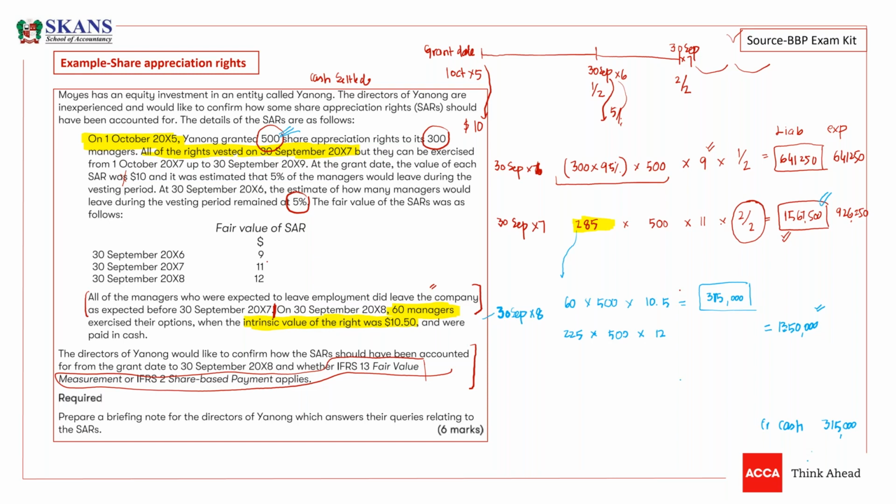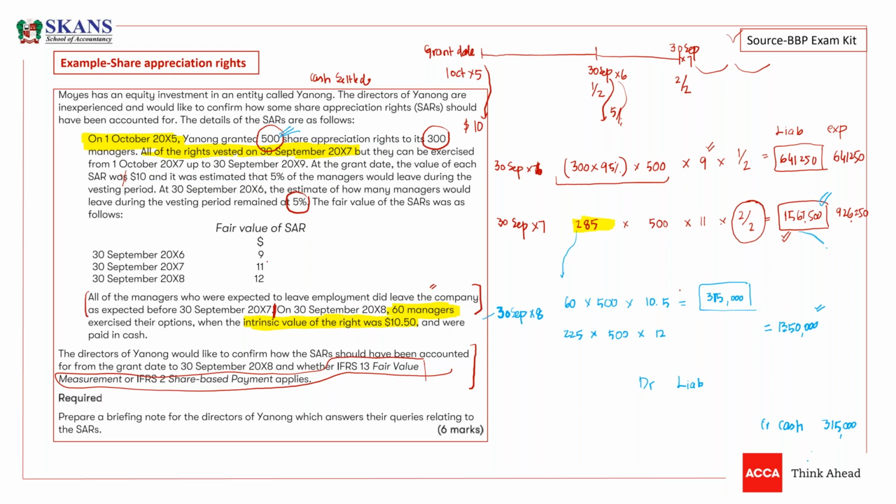The new liability is 1350. The previous liability was 1567. So we need to reduce liability, and to reduce liability, we need to debit liability. In simple terms, you can say liability settled. What is the amount of liability settled?